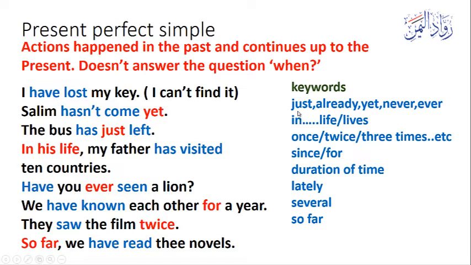Keywords: just, already, yet, never, ever, in his life, in her life, in our lives, once, twice, 3 times, etc. Since, for, we express the duration of time using this tense. Lately, recently, several times, so far, until now.